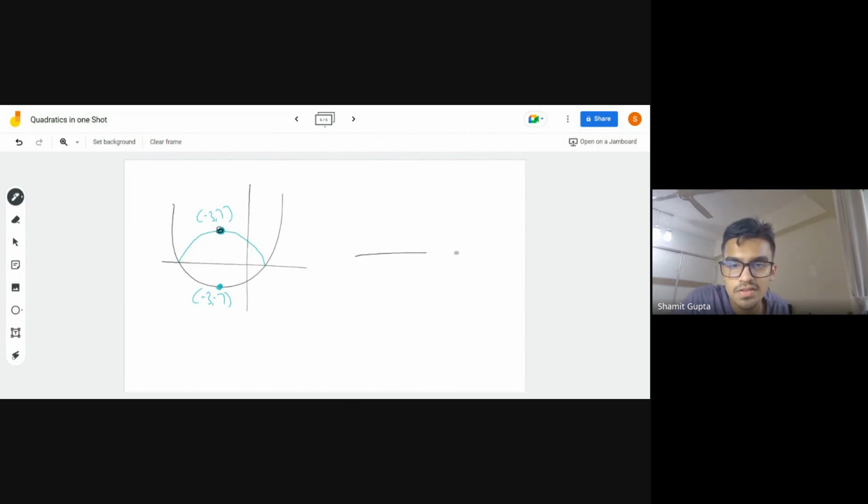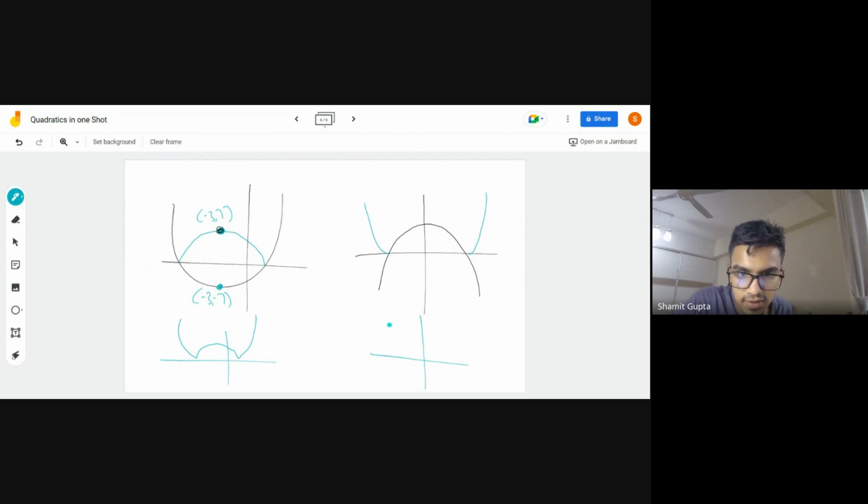And if it was an opposite graph like this, it gets reflected like this. Notice in the first graph, a positive graph, we are getting something like this. And the second graph, which is a negative graph flipped, we are also getting something like this. So that means that two different graphs can give us the same modulus graph.